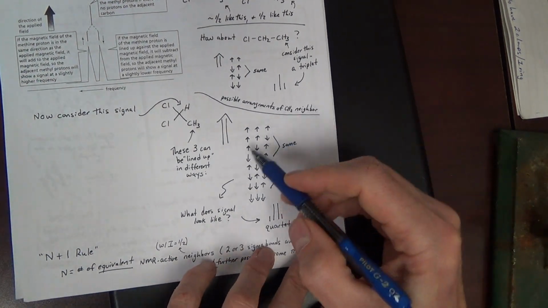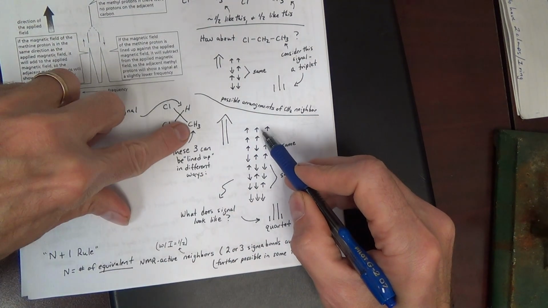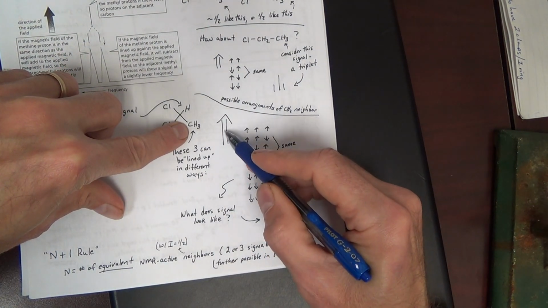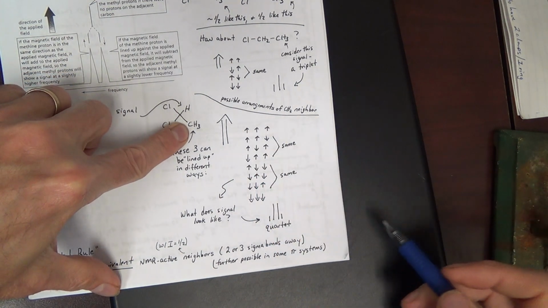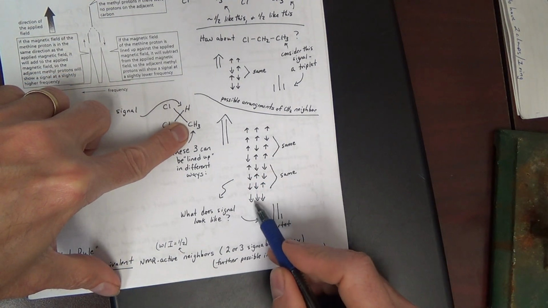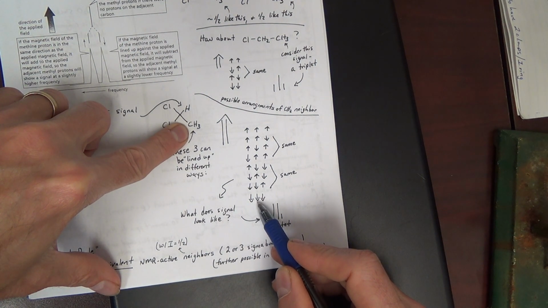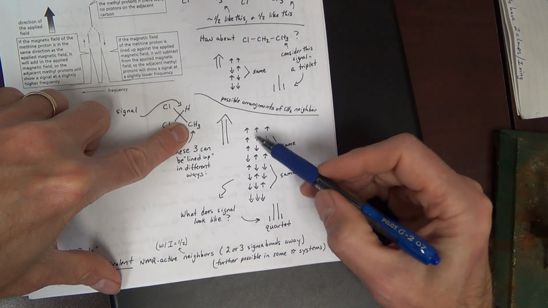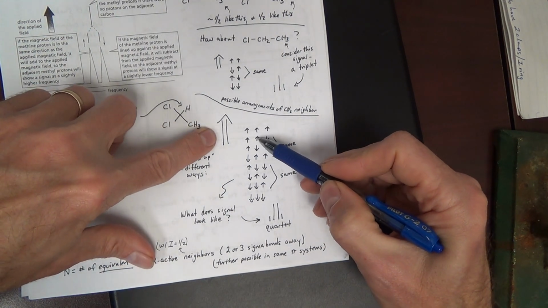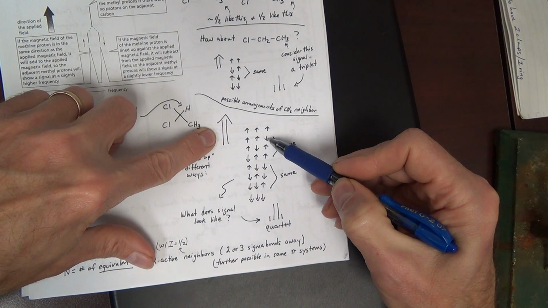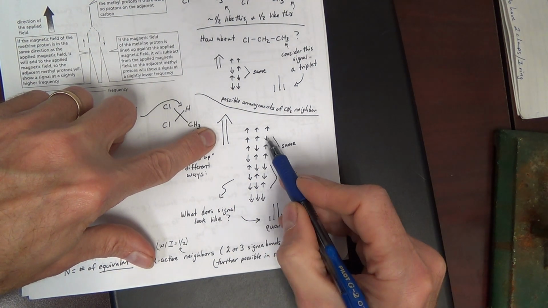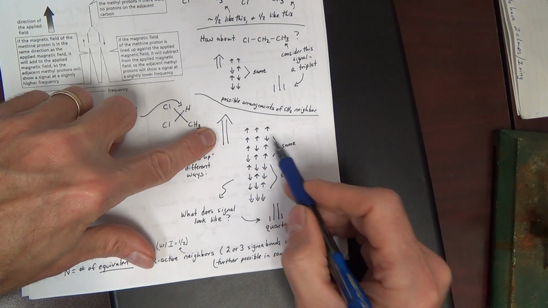All 3 of the neighbors can be lined up with the external field, or all 3 can be opposed to the external field. But you can also have a scenario where 2 are lined up with the external field and 1 opposed. So 2 and 1. But there's 3 different ways to have the 2 and 1.